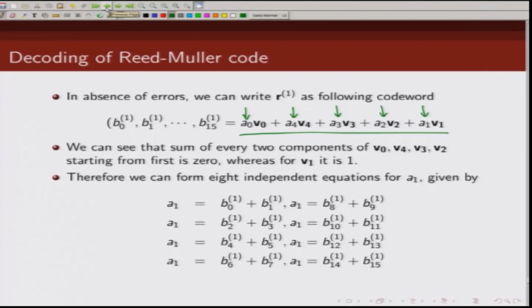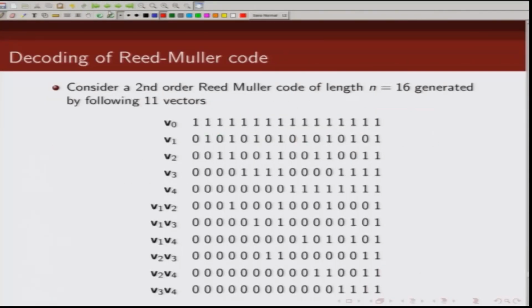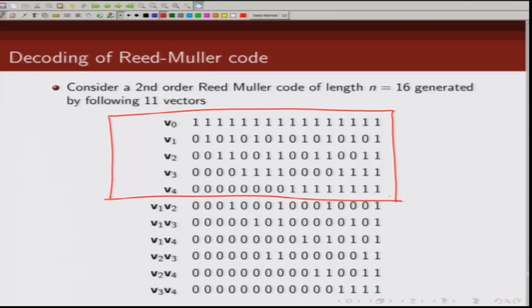Now, we will try to decode the terms related to the first order, and we will follow the same procedure. We are again going to look at this G matrix and the bits. Because the contribution of these has been removed, assuming we have correctly decoded A12, A13, A14, we are only looking at this part of the G matrix.